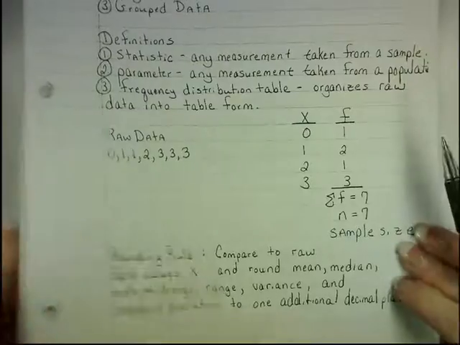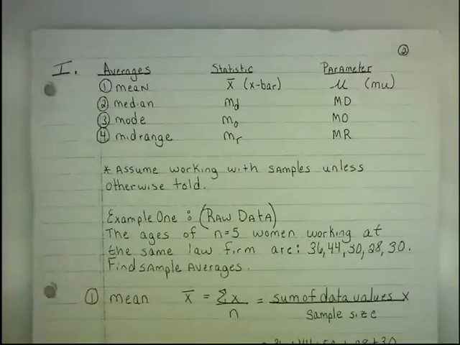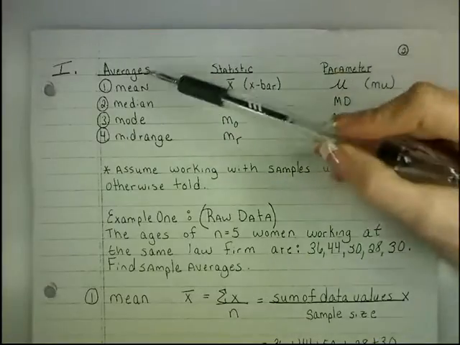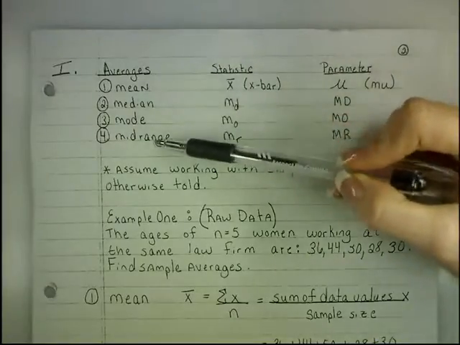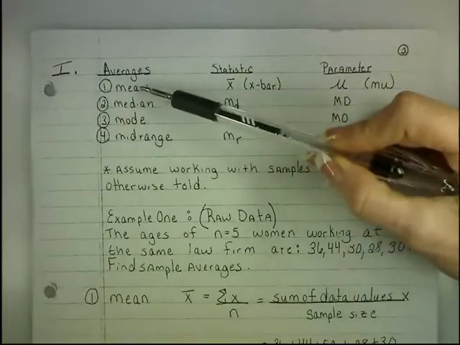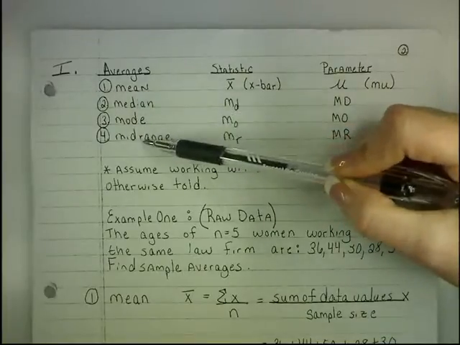So let us begin. Page 2 of the lectures. And again, I'll remind you that this lecture is on Blackboard if you would like to print it off. I'm going to go into greater detail and explain what I have written. The average column, mean, median, mode, and mid-range, are the 4 most important averages.